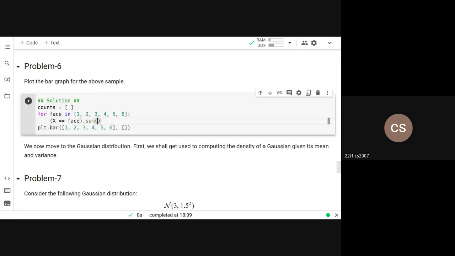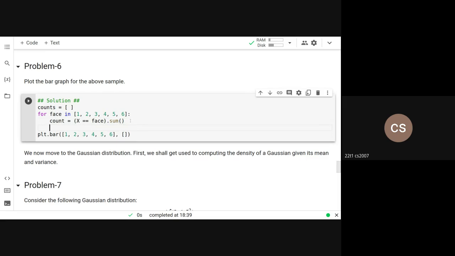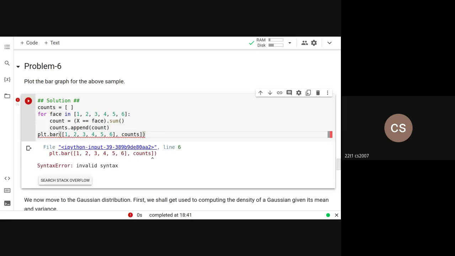If I sum this, that will be my count for that particular face. Correct? So all I need to do now is append this count to my list. And once that is done, I have all my ingredients ready for a bar graph. Okay, so this syntax is incorrect.